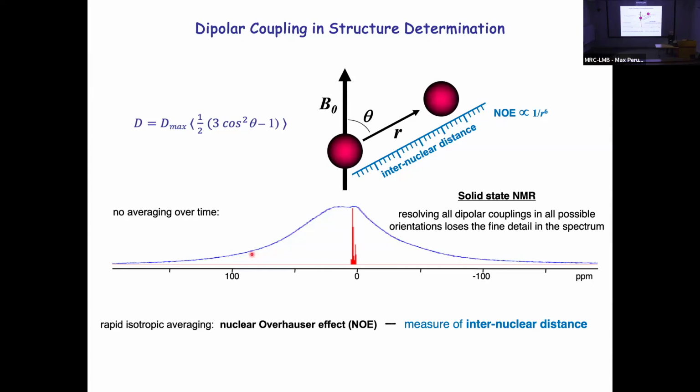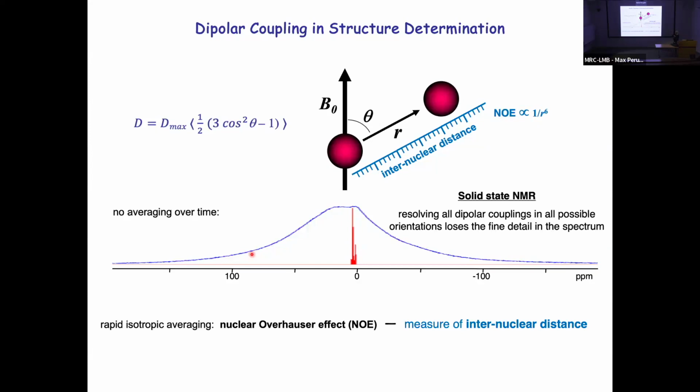The other alternative that we can do is pick a pair of nuclei that are set at a fixed distance from each other. So, for example, just look at the NHs in the backbone of a protein. They all have the same atomic bond length.